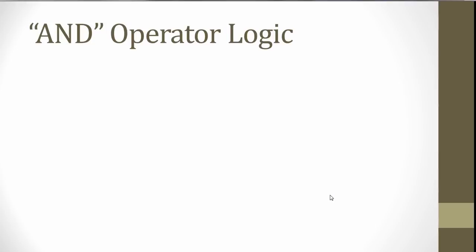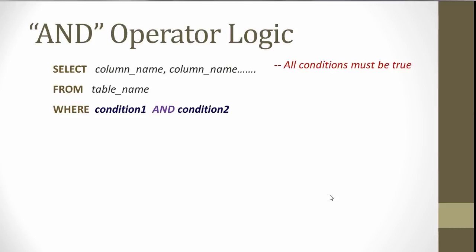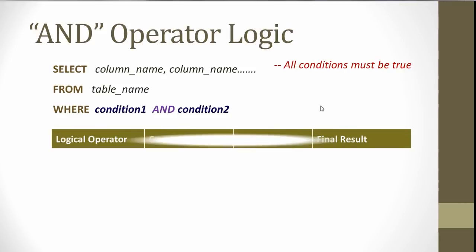Now just to help us understand how the AND operator logic works, I'm going to go through a few examples here. Basically the SQL has select, from and where, and to use the AND you need at least 2 conditions minimum, and all the conditions must hold true for a particular row from the table to be selected.